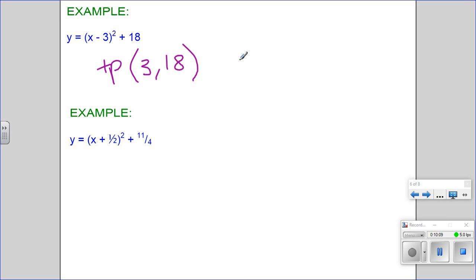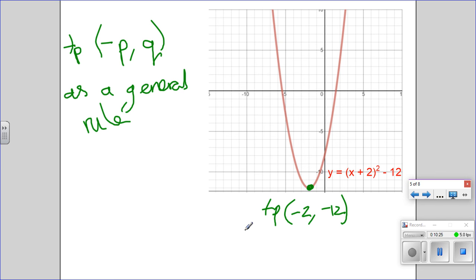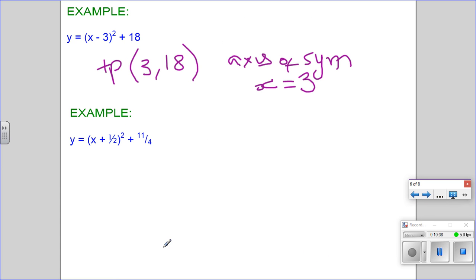And what that also means is that our axis of symmetry is at x equals 3. So if we go back and look at this one, our axis of symmetry is x equals negative 2. No further manipulation is needed. All you're doing is reading some information off the graph.